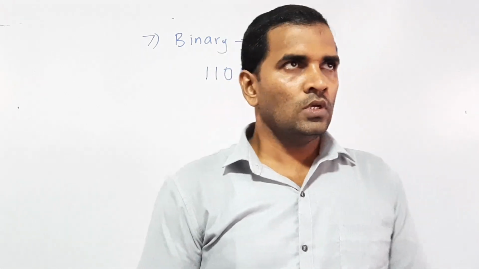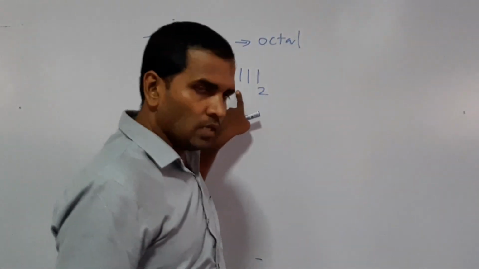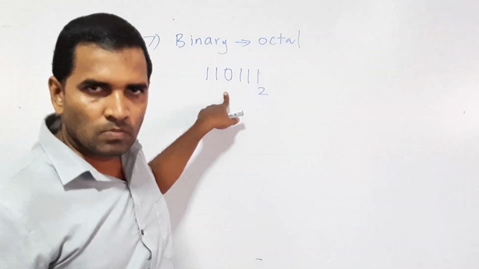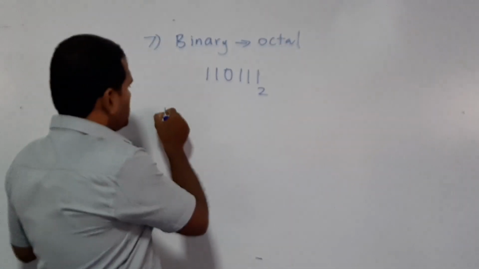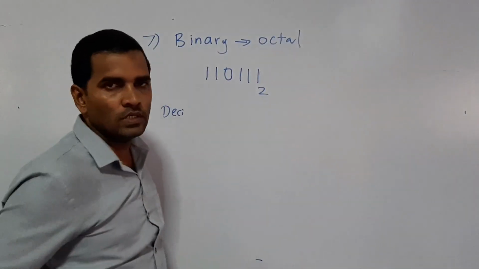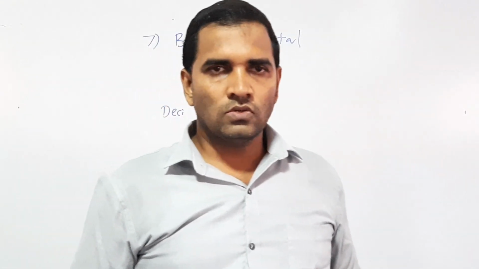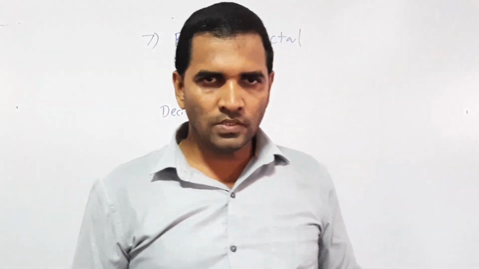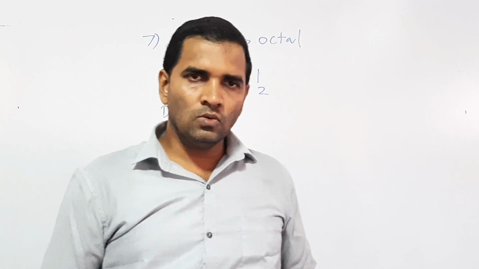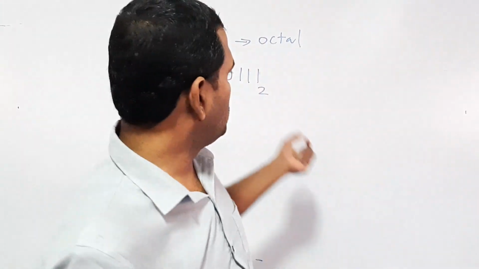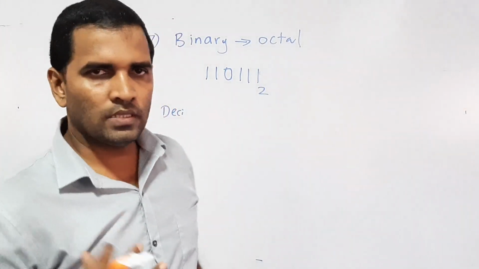There is no issue because here it's a binary number. You know how to convert this binary number into decimal. So first of all, you have to convert this into decimal. Once a decimal number is obtained, you have to convert it further into octal. So let's try that first.